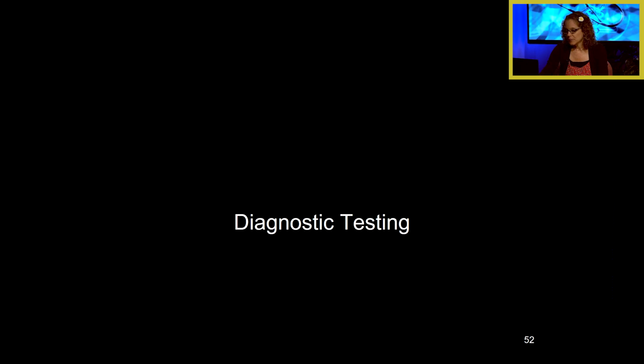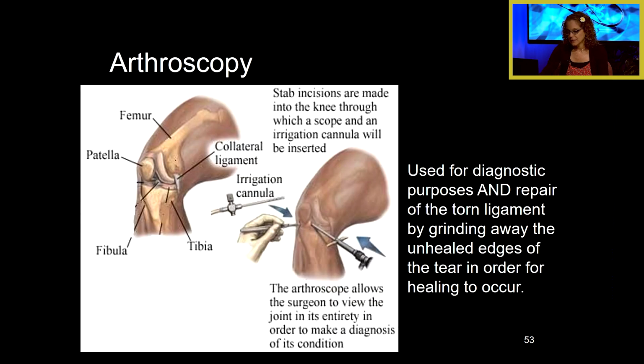So let's talk a little bit about some diagnostic testing. We talked a little bit about arthroscopy a little bit ago, and we said that this was used for diagnosing and repairing torn ligaments using a camera and a little scope where we go in and we can look and we can use instruments through very small incisions. This is a more favorable way of doing surgery because you don't have a large open incision.